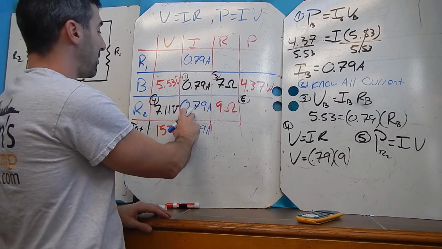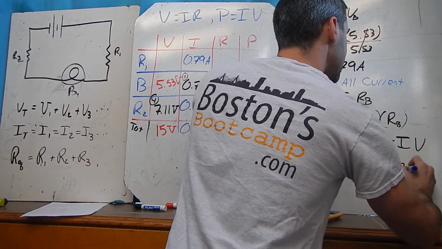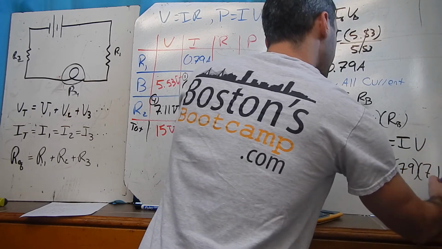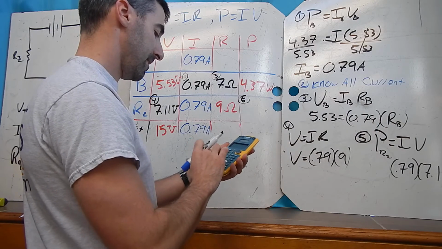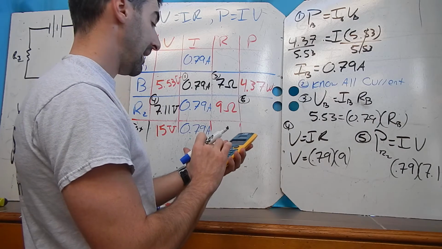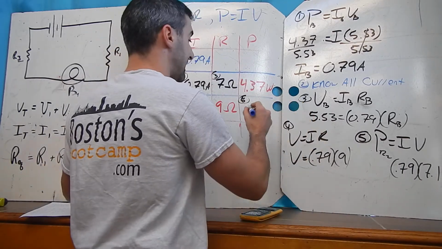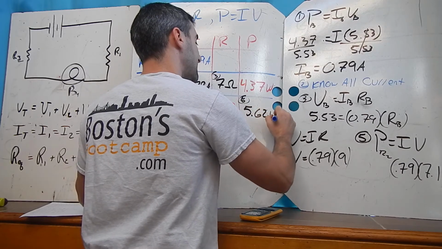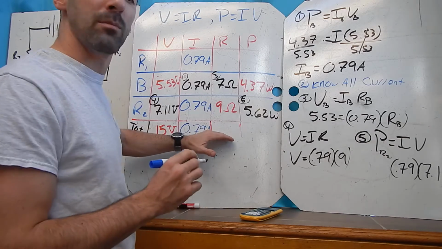So I have 0.79 times 7.11. I get a power there of 5.616, so 5.62. And that's in watts. So I have 2 full things done, and I can even do more.